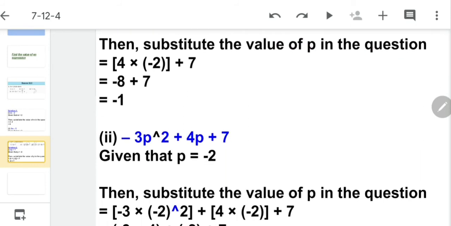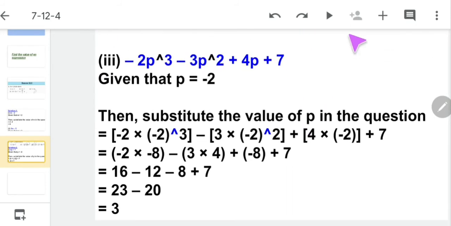Now let's see how we have to solve it. You can see here, -2 p power 3, that means -2 power 3, then -3 p power 2, so -2 power 2, and plus 4 -2, where -2 is the value of p. Then -7.